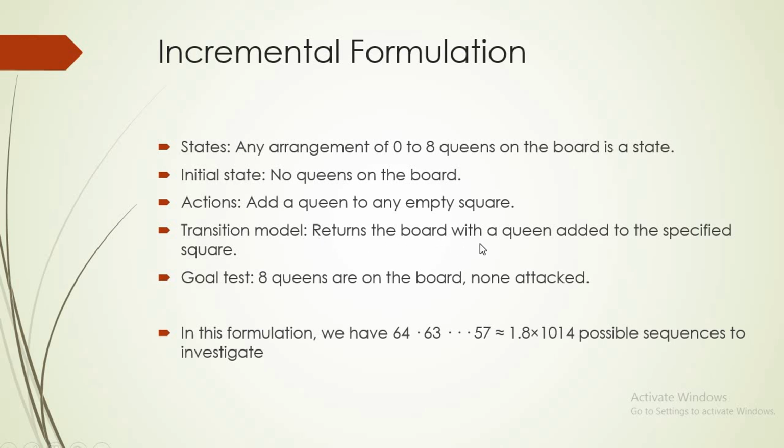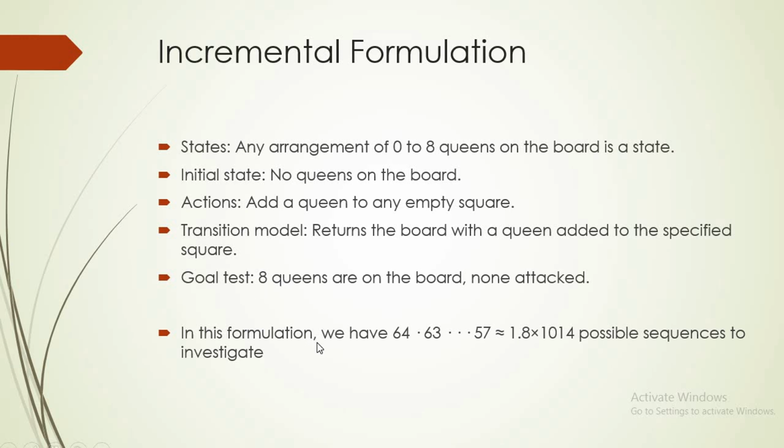The transition model returns the board with a queen added to the specified square. We explained this when we did problem formulation. Then the goal test is if 8 queens are on the board and none attack, because the goal is to put 8 queens without attacking each other.